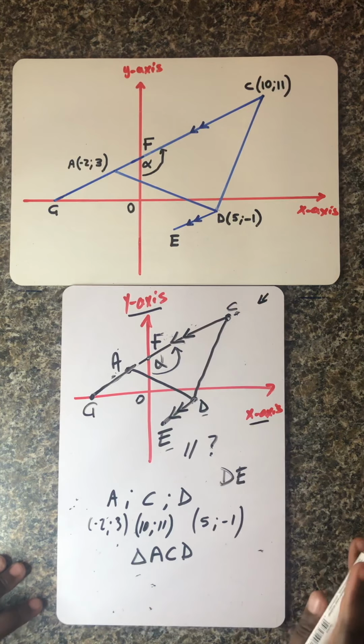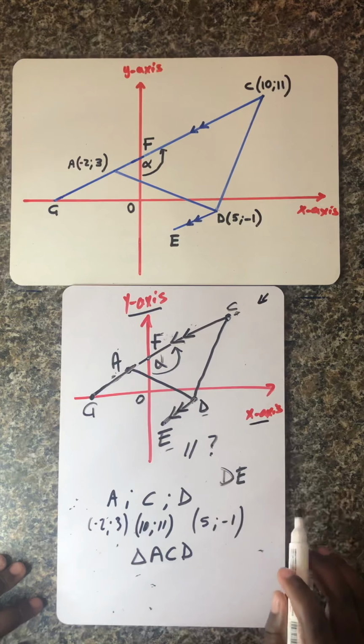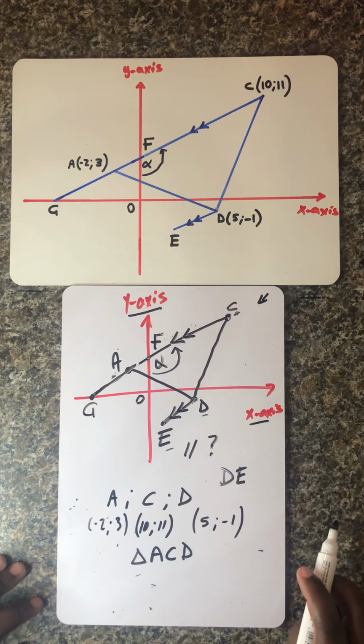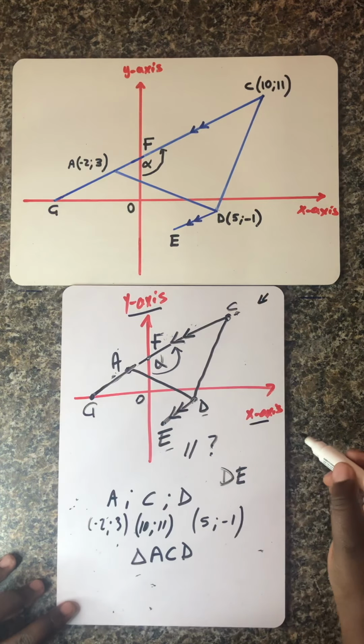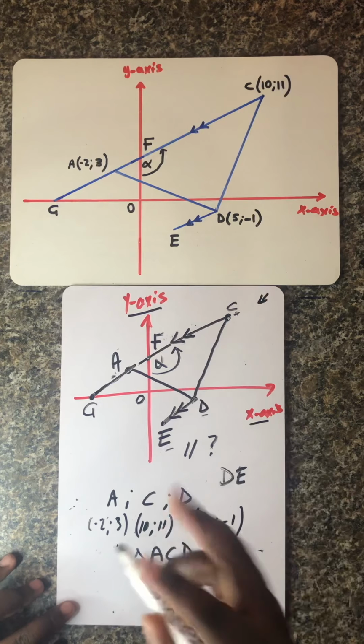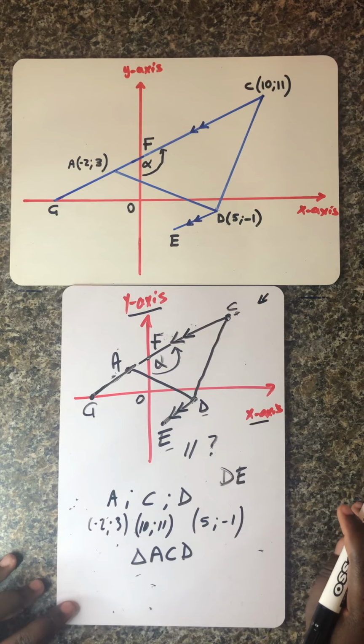Okay, ladies and gentlemen, we've got an angle there. Let's just call it an angle called alpha. So that means angle alpha is formed between two lines. Ladies and gentlemen, what are those lines?